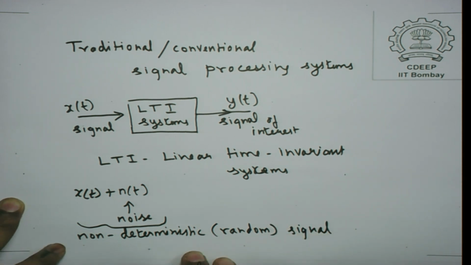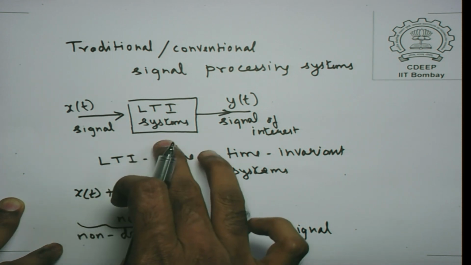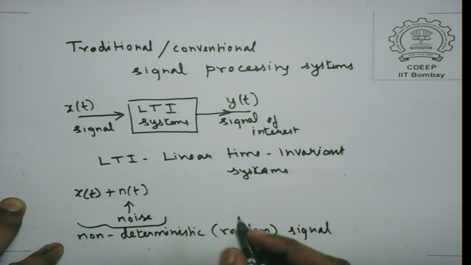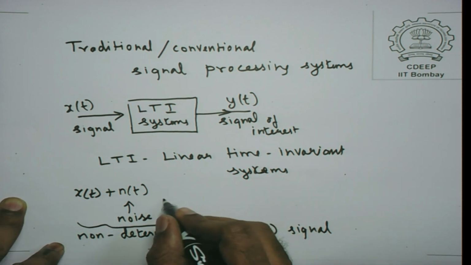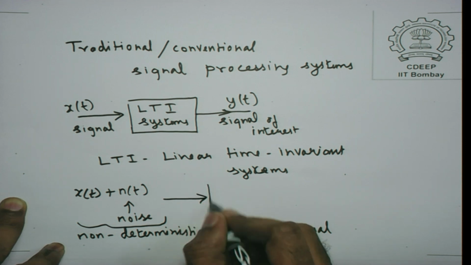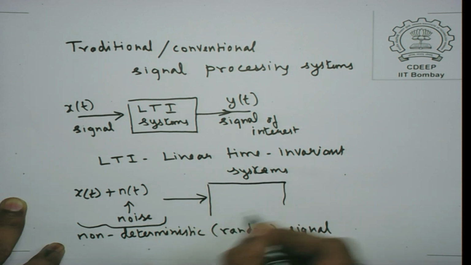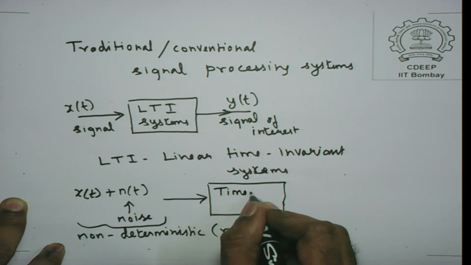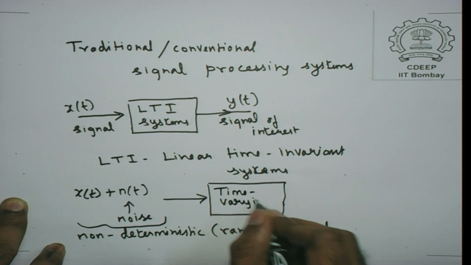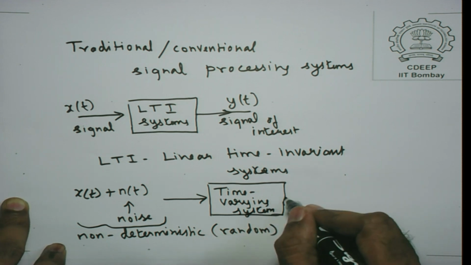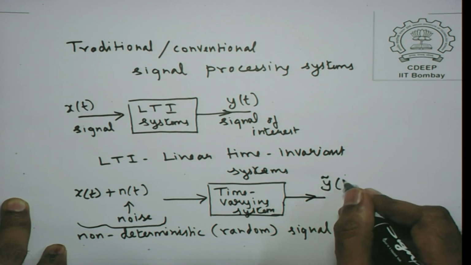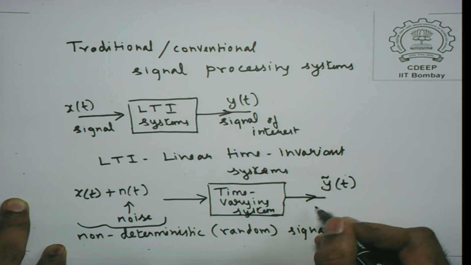This input goes into a system that may still be LTI, or it could even be a time varying system, whose output again may be some desired signal but may not be accurate.